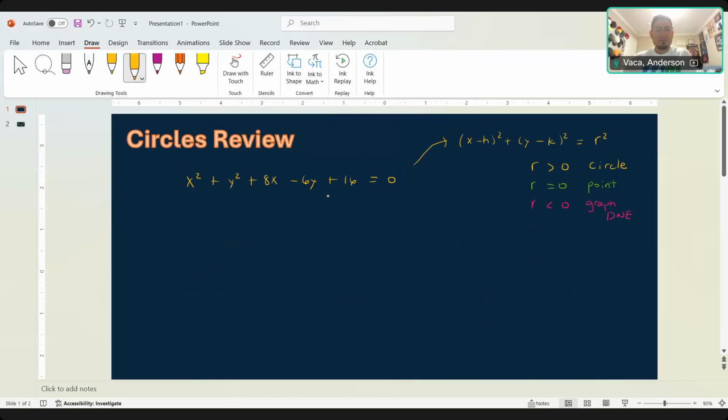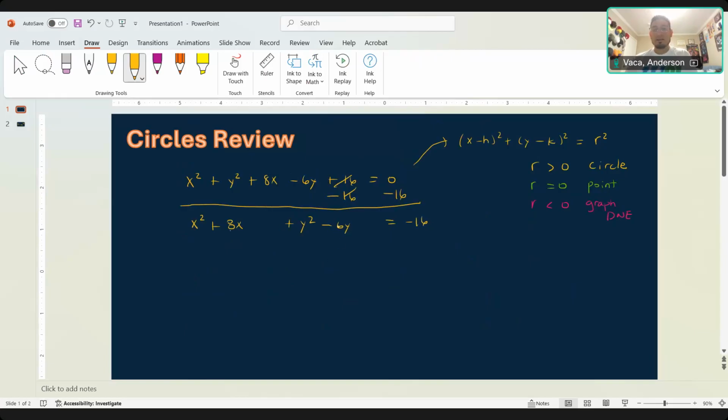The first thing we'll do is move this 16 out of the way. It seems like it's not really doing much over there, so we'll remove it from the left side. At the same time, I'm going to start rearranging the equation by writing the x terms together and the y terms together. Did you notice that I left a gap between the 8x and the plus sign?